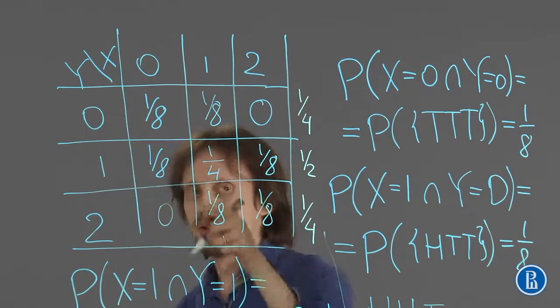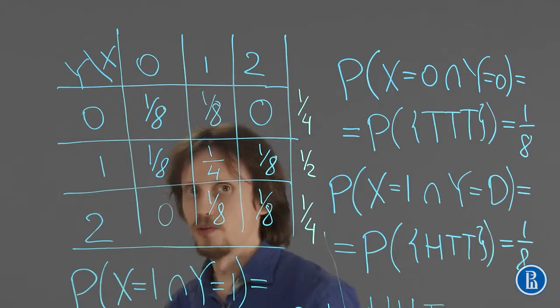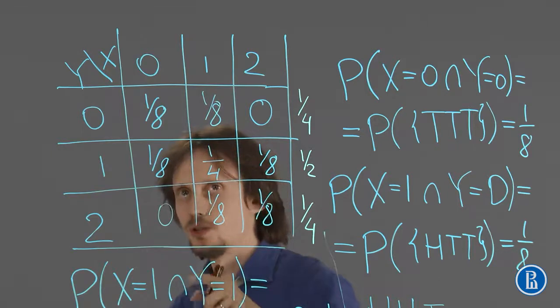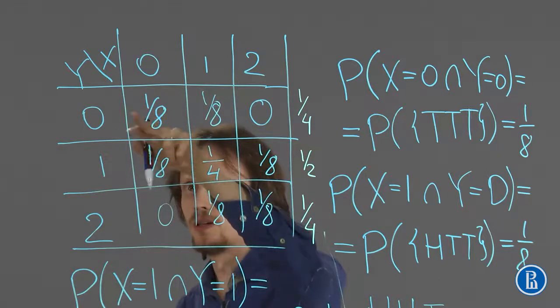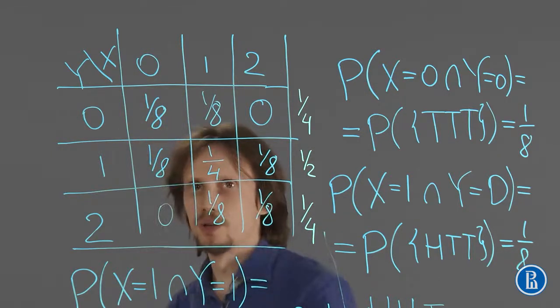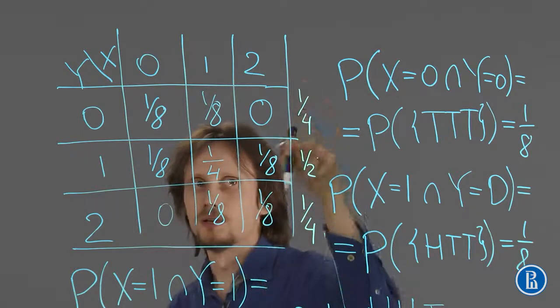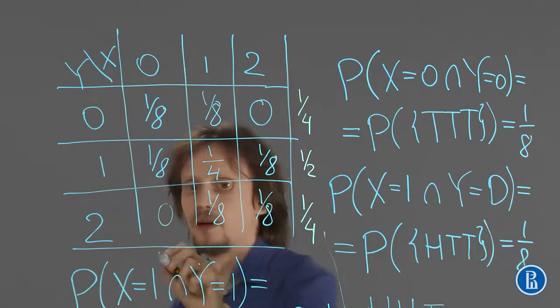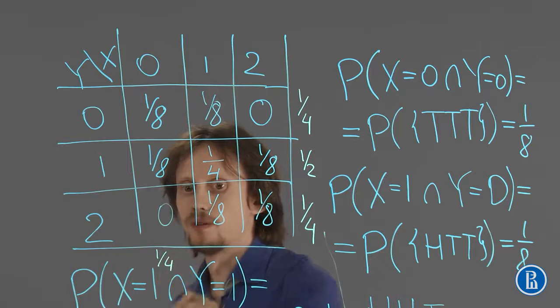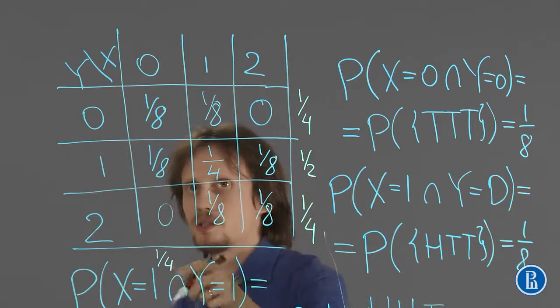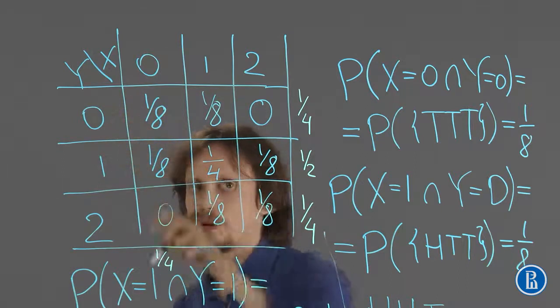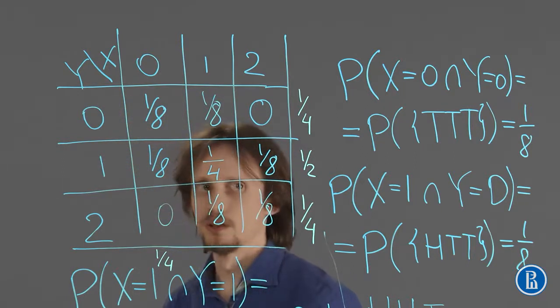Now, to check if these random variables are independent, we have to answer, for example, is it true that this value is equal to the product of two values like this, 1 over 4 here and 1 over 4 here? It is clear that it is not true. It means that these two random variables are not independent.